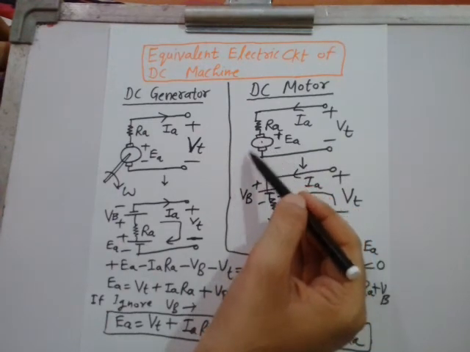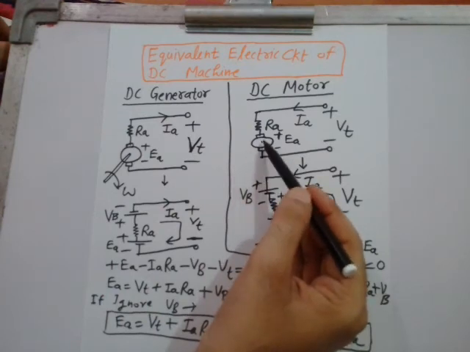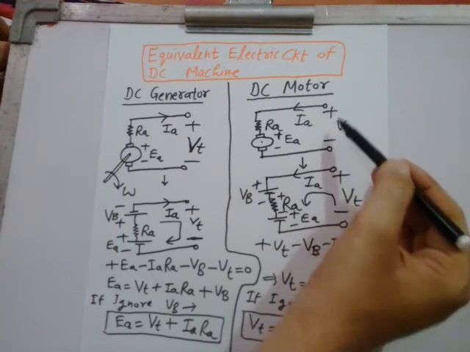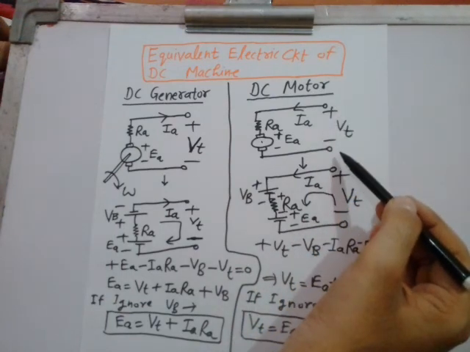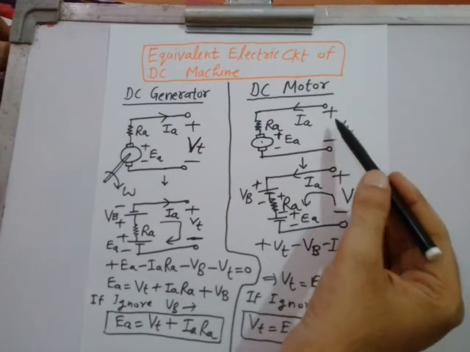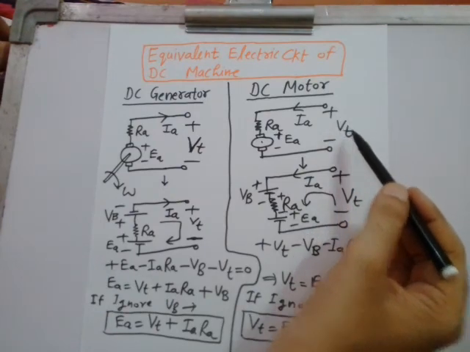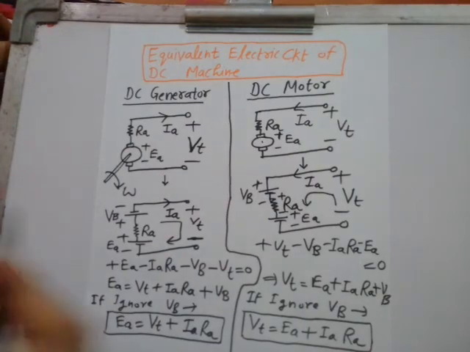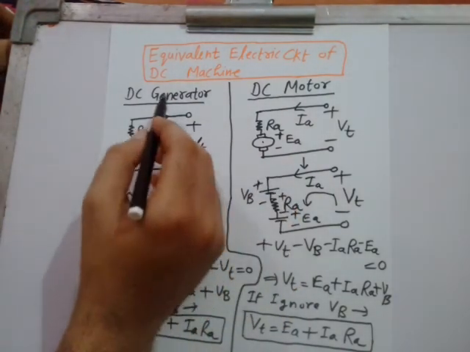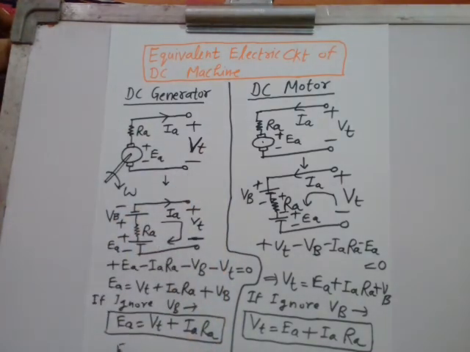The available flux and the induced EMF in a DC motor will decide the speed of the motor. So the speed is the final dependent variable in a DC motor, and the first independent input variable is the input terminal supply voltage Vt. What I want to conclude is that in a DC generator, the generated armature EMF EA will be more than the terminal voltage.